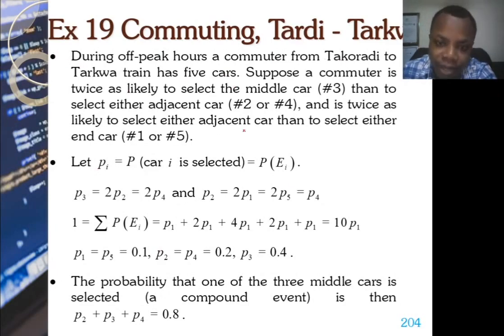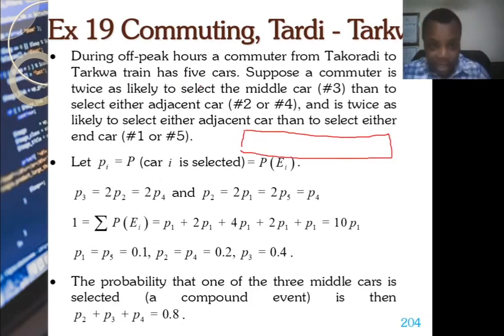Suppose we have a train, forgive my drawing, and this train has 5 cars. So car 1, car 2, car 3, car 4 and car 5. They all have their wheels under them. So this happens to be my train, and it's commuting from Takoradi to Takorwa.